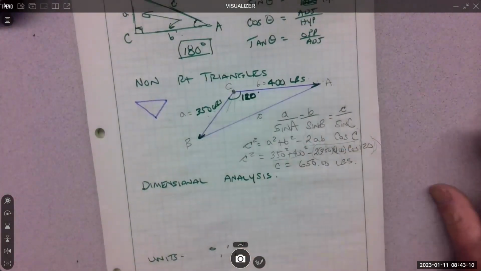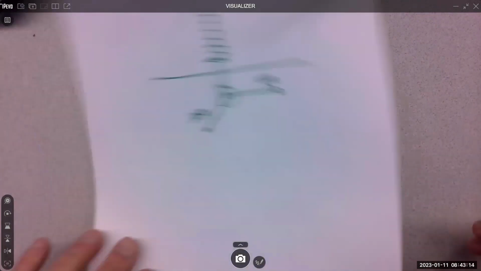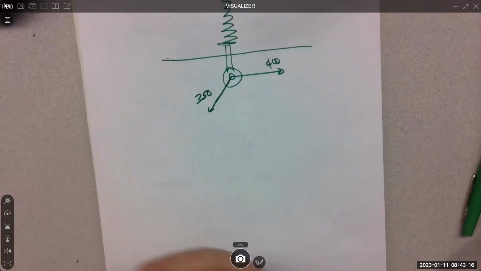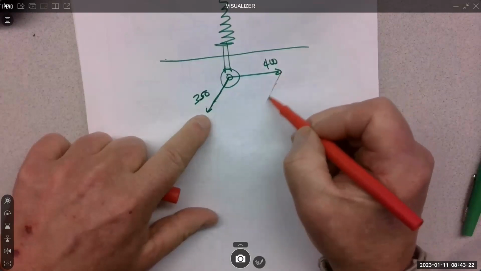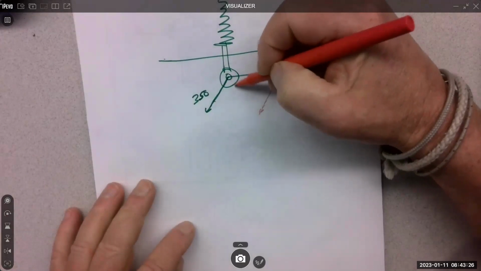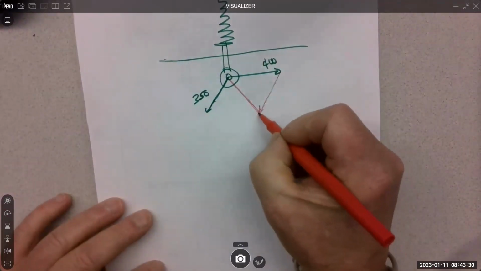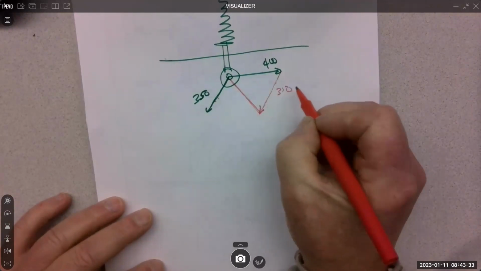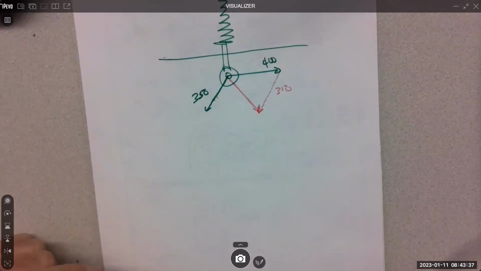To solve it. So this is the same as if I move this force over here, and then add them together, right? So this 350 comes over here, and we add it together to get the resultant.